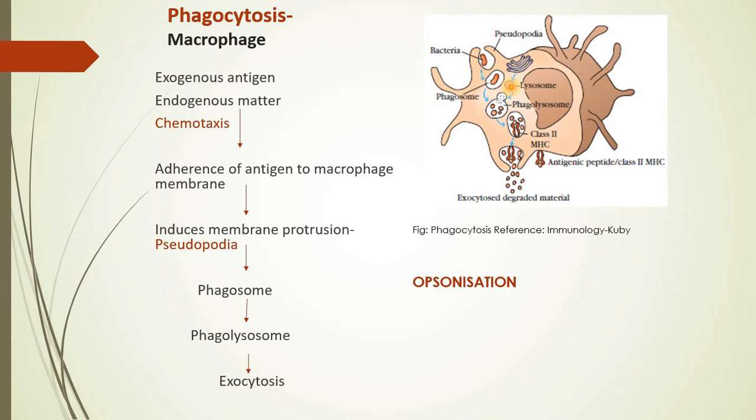Once the macrophage is attracted towards the bacteria, there is adherence of the macrophage to the bacteria, as a result of which the membrane of the macrophage develops protrusions called pseudopodia. These pseudopodia engulf the pathogen, that is bacteria or any antigen, and take it into the cell.